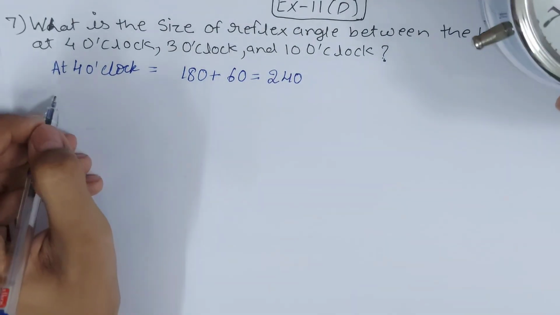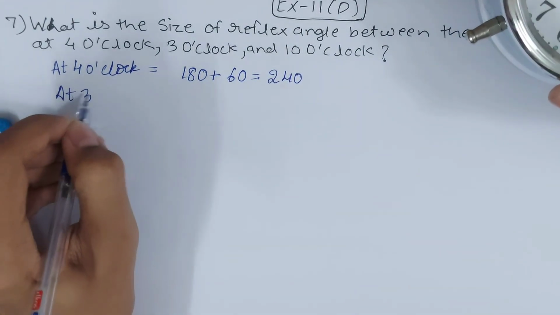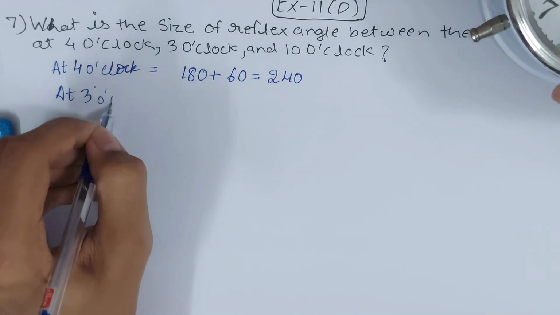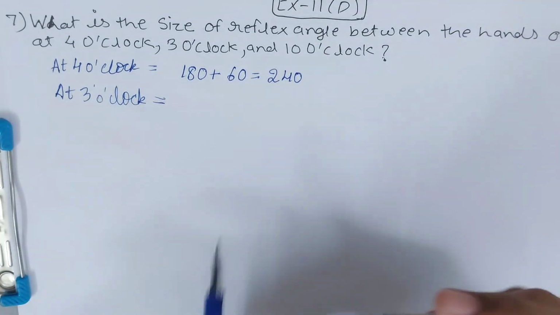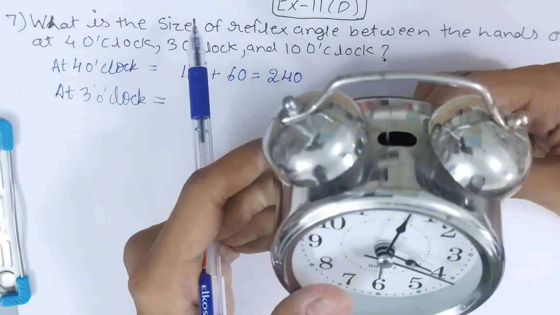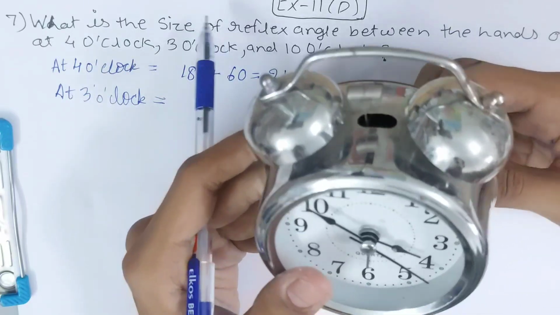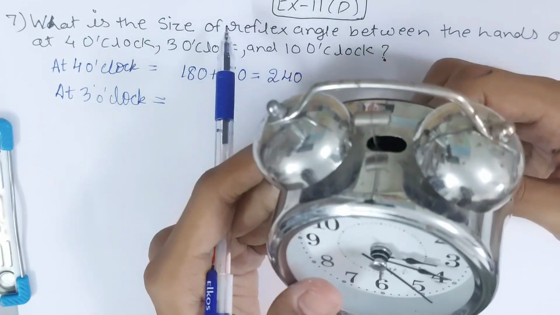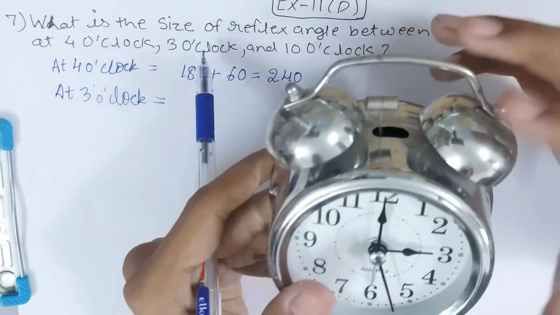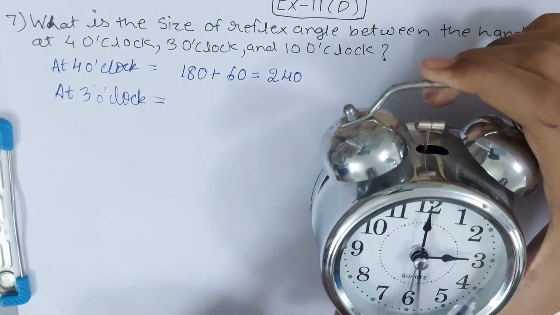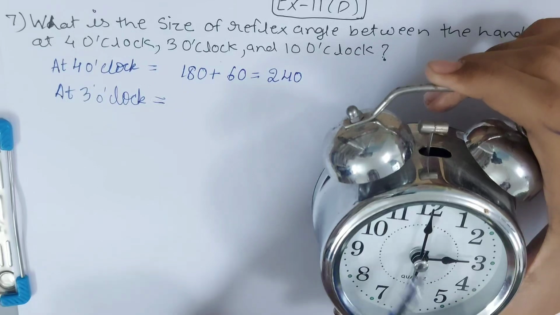Okay. Now at 3 o'clock. Now see here with the maths I'll show you. Now I'll first of all bring the clock here at 3 o'clock. It's not needed to bring a clock, I'm just doing this to show it to you guys much clearly. 3 and 12, you can see the difference.